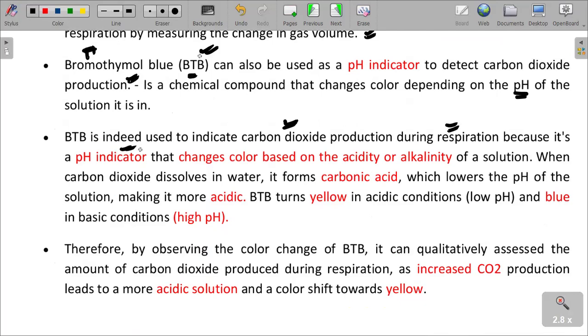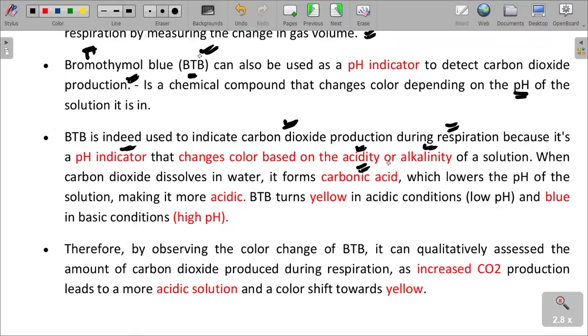It changes color based on the acidity or alkalinity of a solution. I'm sure we understand that pH is a measurement of potential hydrogen, which can be seen in the acidity or alkalinity of a solution. So when carbon dioxide dissolves in water, it forms carbonic acid.